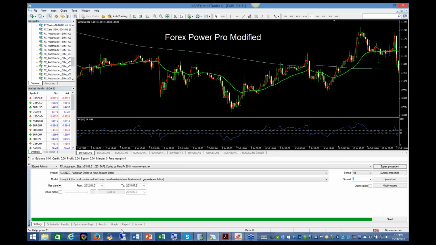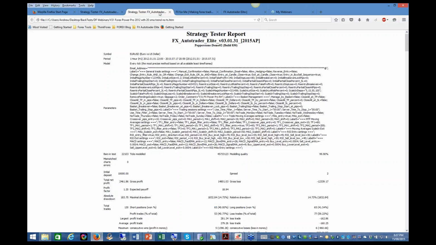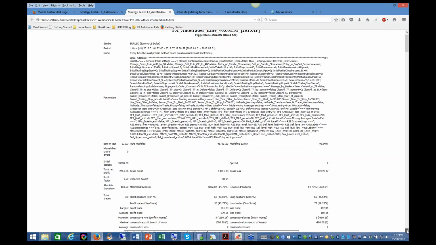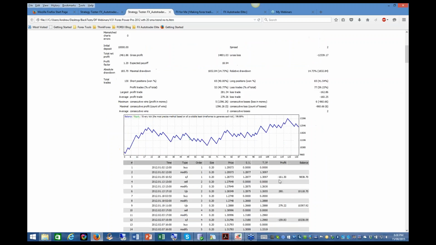If you've done any backtesting, you would get a report something like this, where all your conditions are set, and then if you scroll down, you'll get all your basic results in terms of modeling quality, which here is 99.9%, things like the absolute drawdown, the expected payoff, etc., and the chart, and then, of course, all the trades.